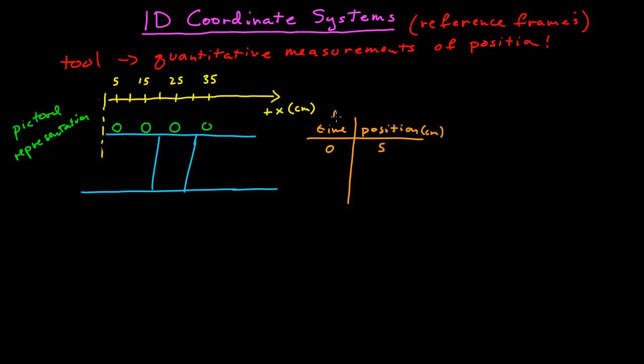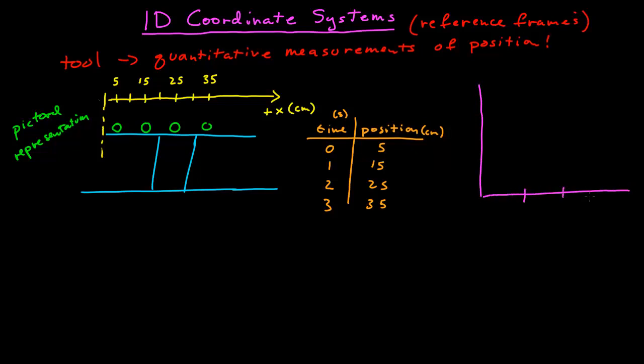This is in centimeters, and time is in seconds. At 1, it was at 15. At 2, it was 25. At 3, it was 35. That's a tabular representation. And then we can finish this off with a graphical representation.